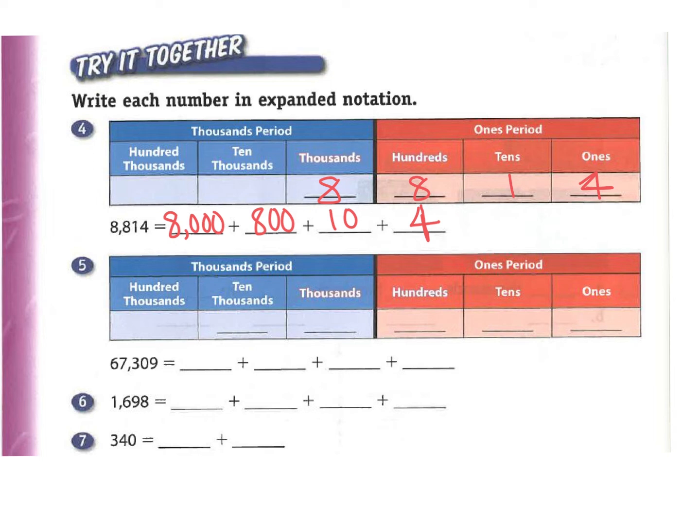The next one, we have 67,309. So there are 6 10,000s, 7 thousands. So that's 6 is in the 10,000, 7 is in the thousands, 3 hundreds, 0 tens, and 9 ones.